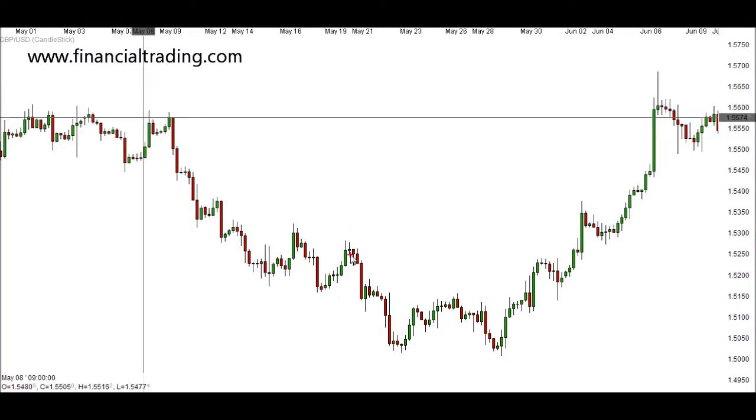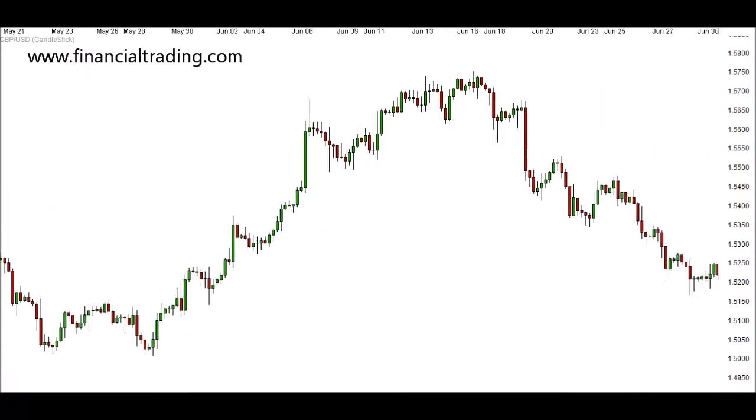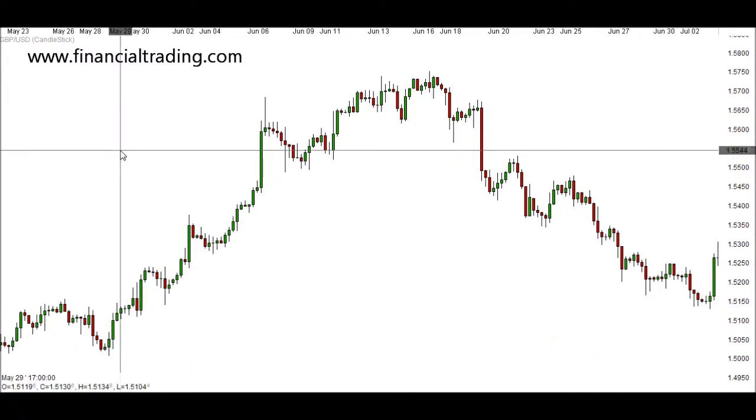You'll then notice after we have a higher low and break this high, price uptrends. We start to get higher lows and higher highs, which is the characteristic of an uptrend. Higher high, higher low.